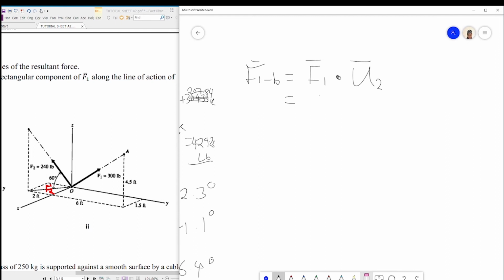We're going ahead, and we have to dot that.